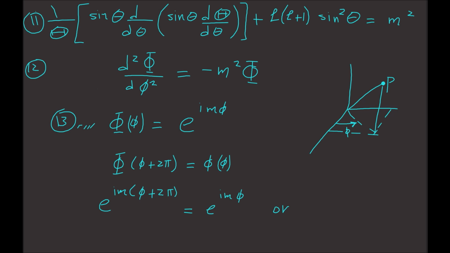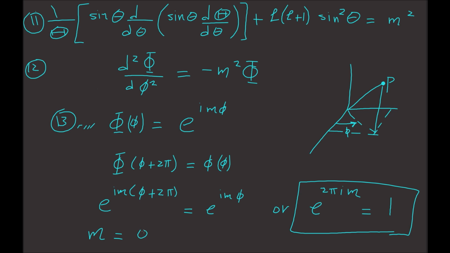Or e to the 2 pi i m equals 1. This formula tells us that m must be an integer. So the values of m can be 0, plus or minus 1, plus or minus 2, plus or minus 3, and so forth.